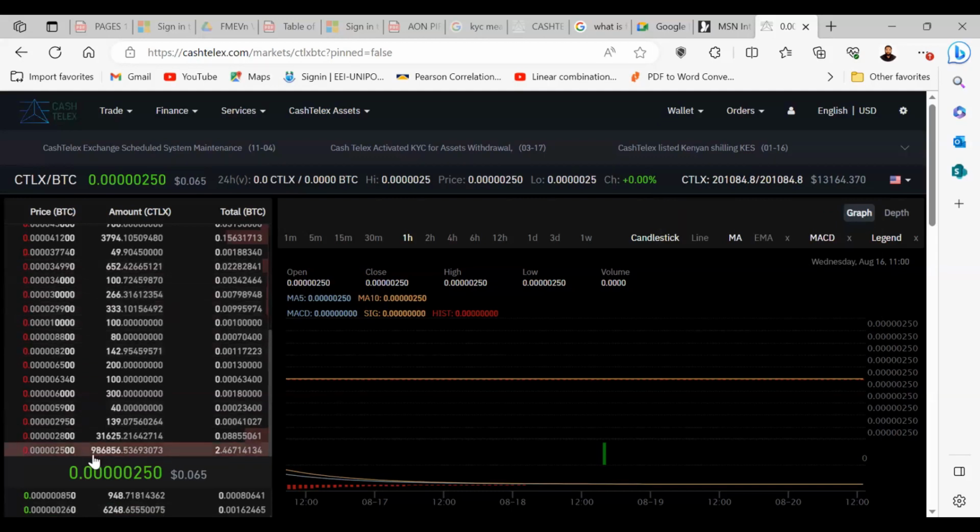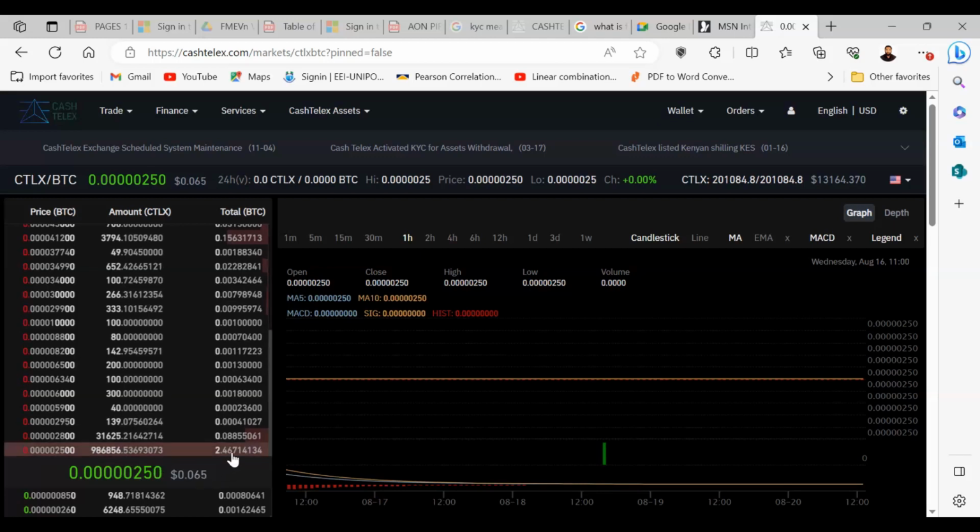So you have the current price at which someone is selling. Somebody wants to sell. Look at where my cost is. It was 98,000, now it is around 86,805, something like that. So somebody wants to sell this amount of CTLX at this price.